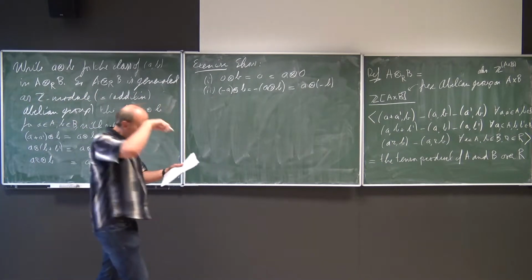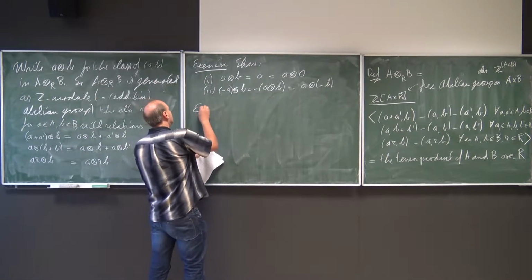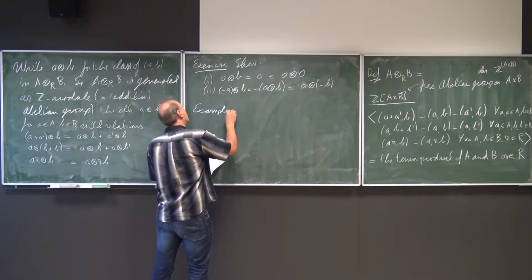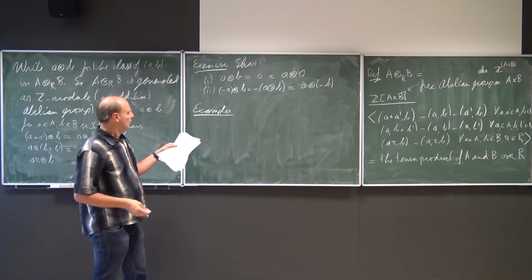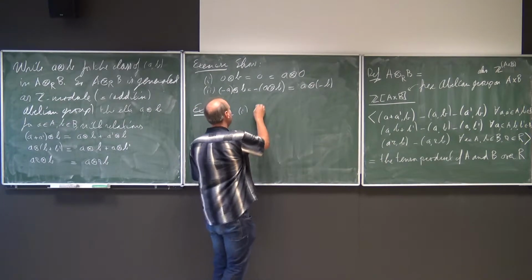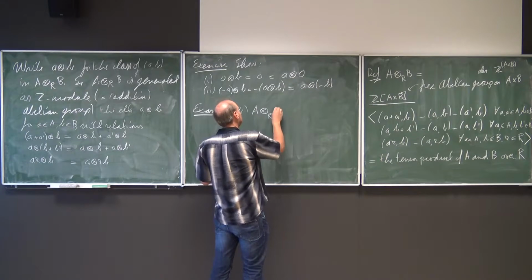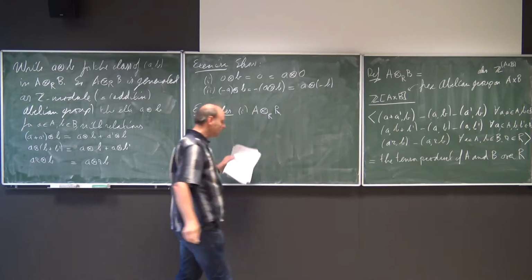Okay, so it is not so easy to see what this looks like. So let me give you a few examples. The first one is if I take A and then tensor it over R with R, so maybe I should say something about this.